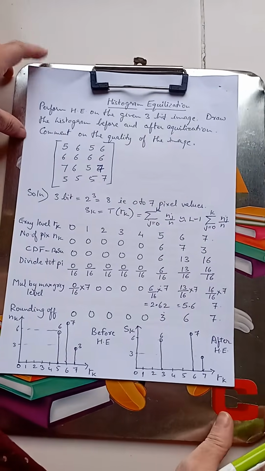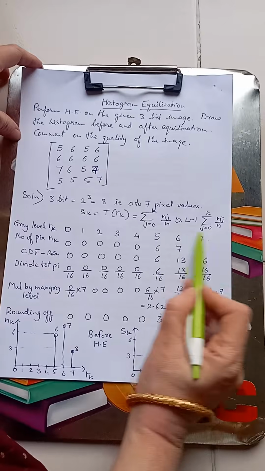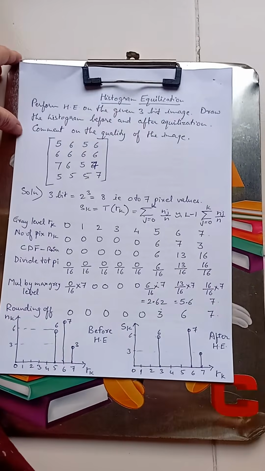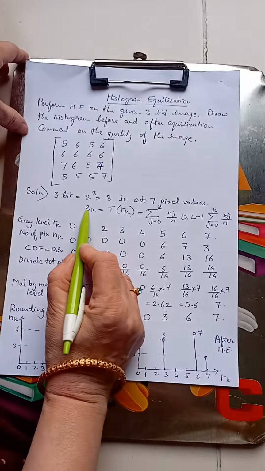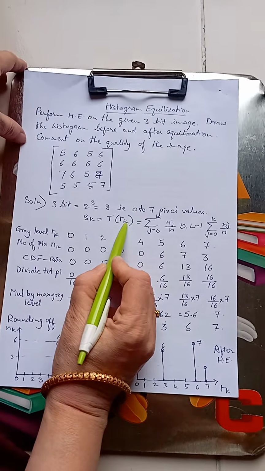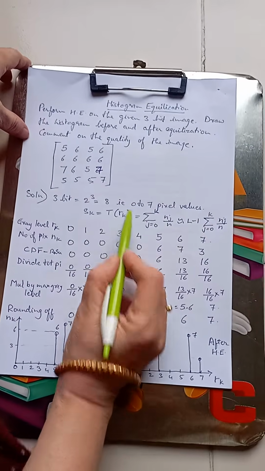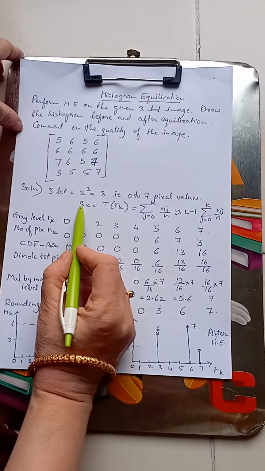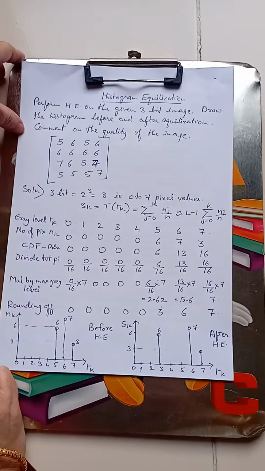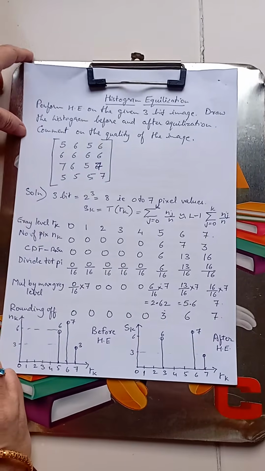We already know the formula of histogram equalization, which we have studied previously. The general transformation equation is S_k = T(R_k), where R_k is the values of the pixels before transformation and S_k is the values of the pixels after transformation.